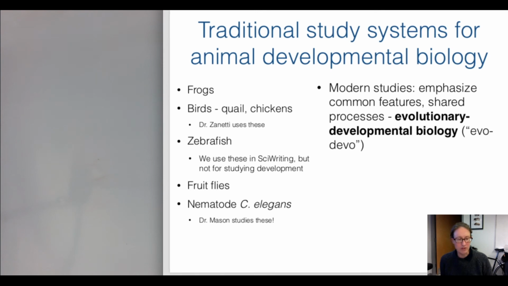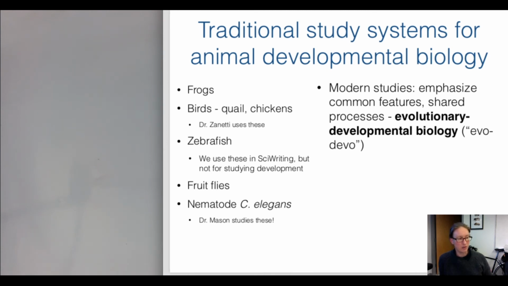And although I'm just going to be giving some background on developmental biology, in the modern genomic era, we're now able to study a lot of these questions in a much wider range of organisms.